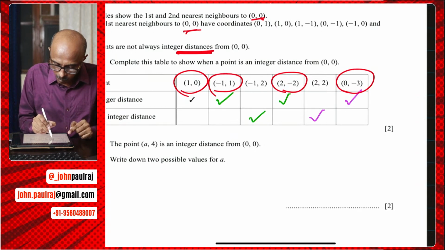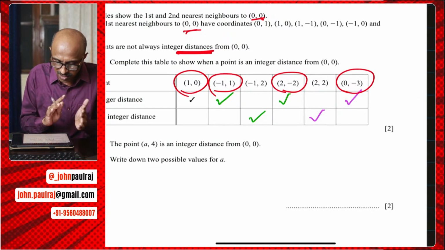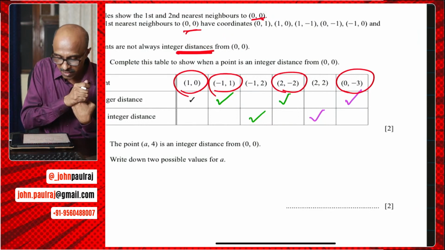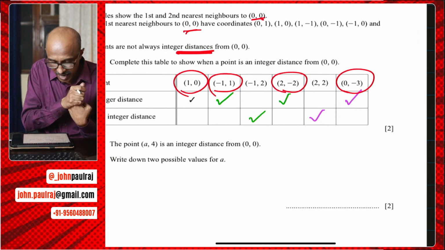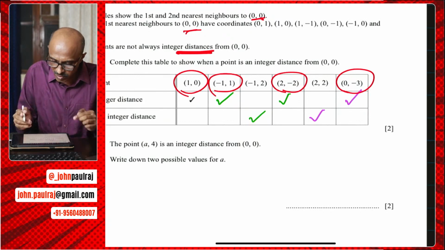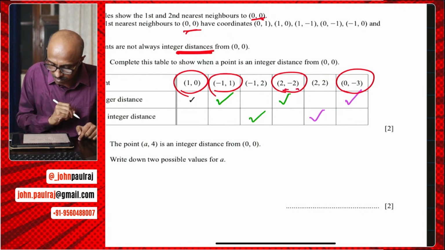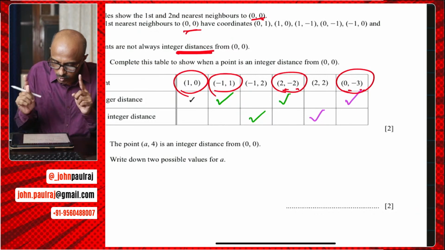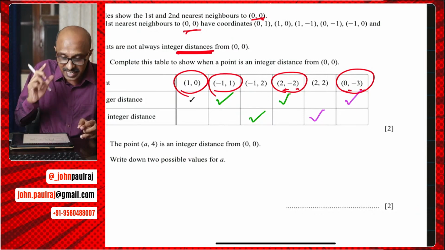If 1 is there, negative 1 is also there, so 1 and negative 1 and 0, that's the kind of combination. So if there's a coordinate A, then A can come with 0 or A can come with negative A. That's how it's to be read. Look at this one, 2 and negative 2, and 0 negative 3. Those kinds of patterns are the ones which will give you an integer distance.